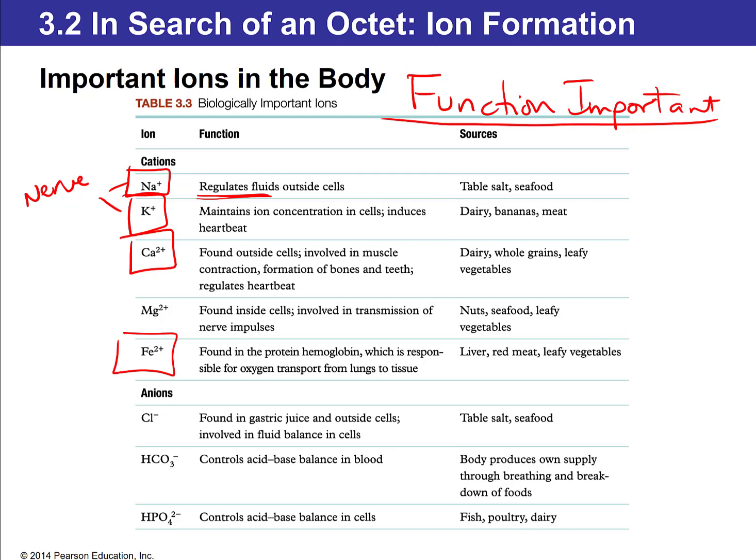Imbalances in sodium or potassium levels are usually felt when you have higher or lower than normal potassium levels, because potassium is actually found in very low concentration in the blood. It's found in higher concentration inside of cells. So if your potassium levels go up or down, you see big changes in nerve function.